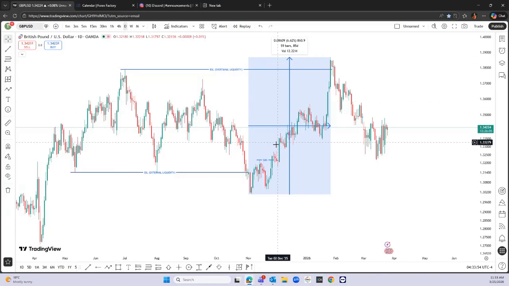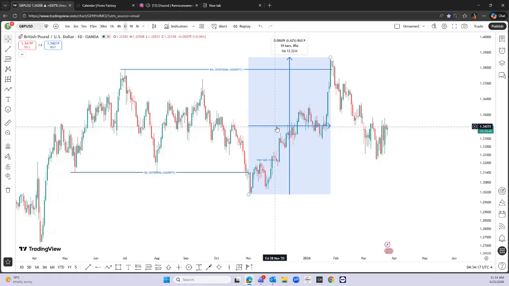So the first step is to identify the higher time frame structure. I've already identified this. I've looked at where the price is likely to go. I've also shown the premium levels and the discount levels. So remember, even if you are going bullish, we are only buying on the discount levels, because that's where we look for buys, and the premium is where we look for sells.